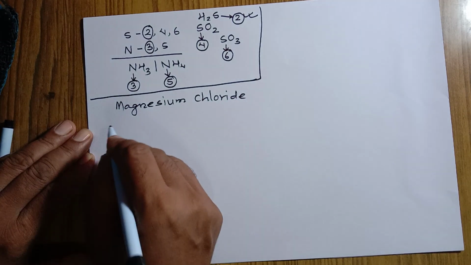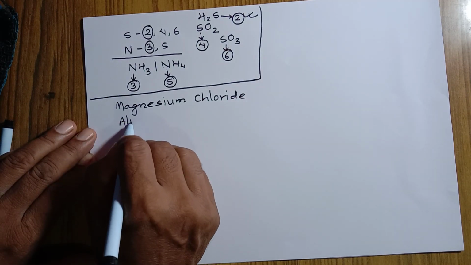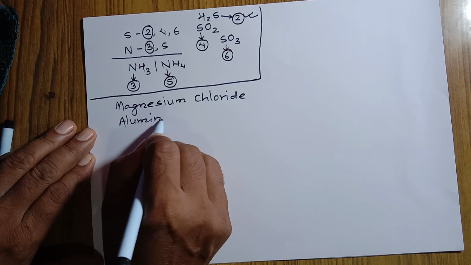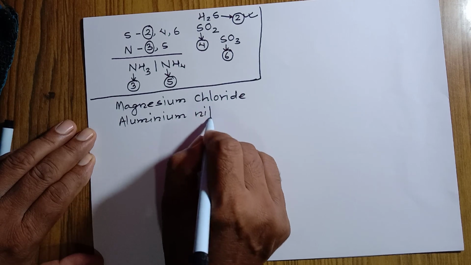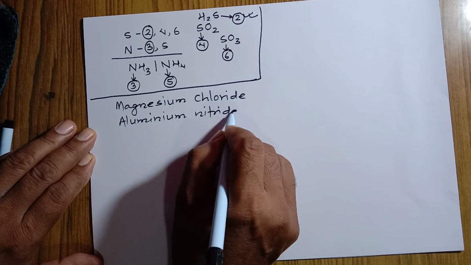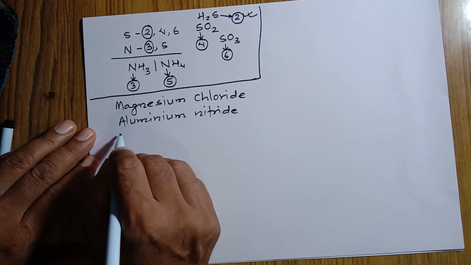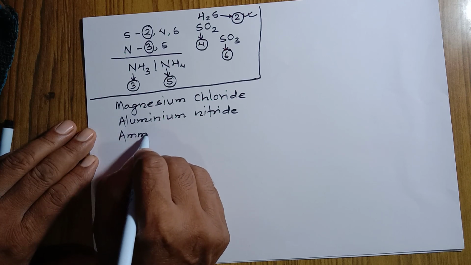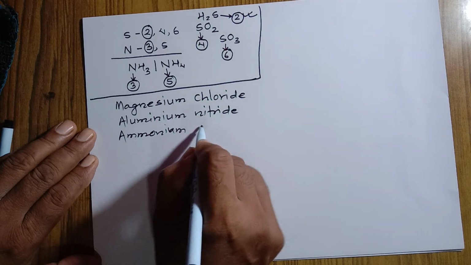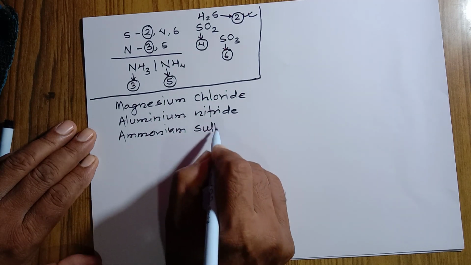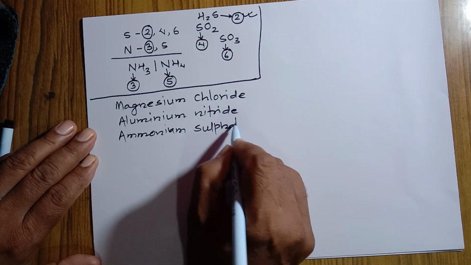I want to take some others also: aluminium nitride, and another, ammonium sulfate.